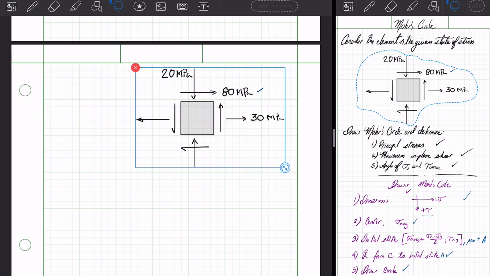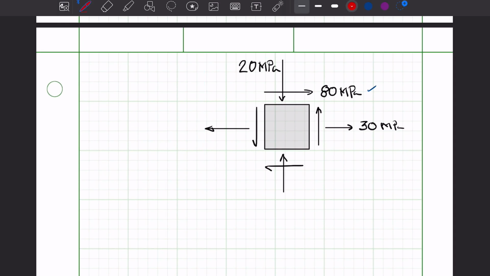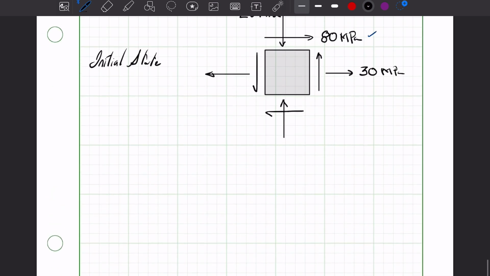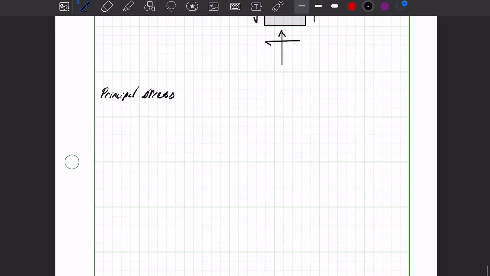Okay, so this is my initial state. Now, for my principal, notice that nothing changes here, everything stays the same. For my principal stress case, we're going to rotate to those 36 degrees, and we're going to do it counterclockwise.